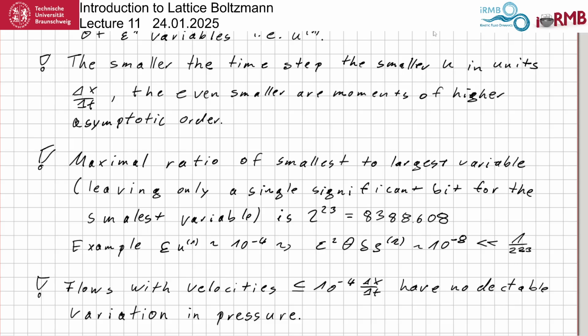So actually you make the velocity smaller and smaller numerically, at the same Reynolds number. And then you want, for example, to measure your error in pressure, and you see, if you use single precision and you arrive at a velocity of 10 to the power of minus 4, you will not detect pressure.